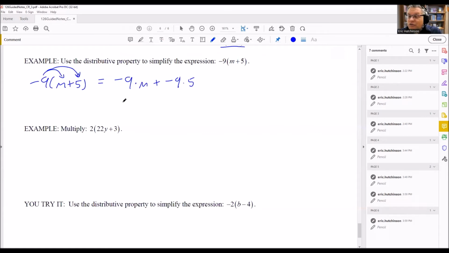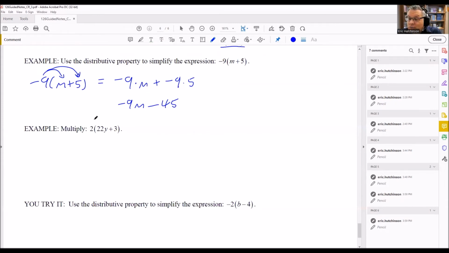And I just need to simplify it now. Because there's a plus and a minus, I'm just going to turn that into a minus. So it's going to be -9m minus 45. That's -9 times the m and -9 times the 5.